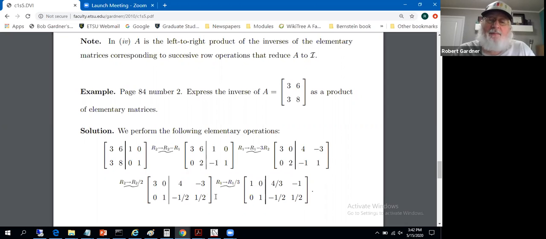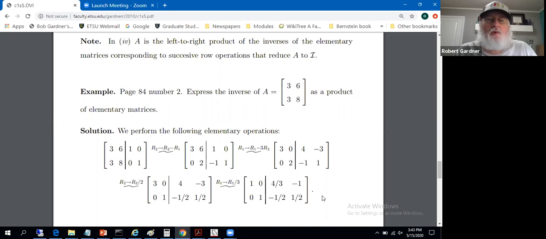Let's do those separately because remember, I want to reflect each of these 4 elementary row operations with an elementary matrix. So first we'll divide row 2 by 2. That'll get us a 1 there, and some 1/2 and -1/2. And take row 1 and divide it by 3. Ta-da! Reduced row echelon form. It's the identity. Matrix is invertible. There's its inverse. It's got some fractions in it, which tends to happen in inverse matrices.